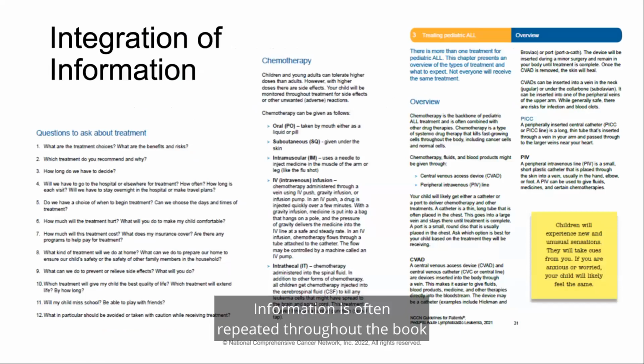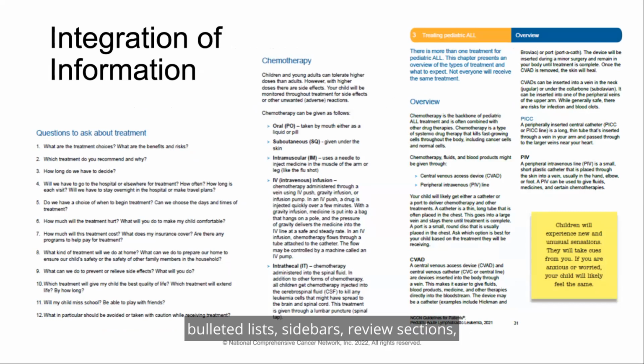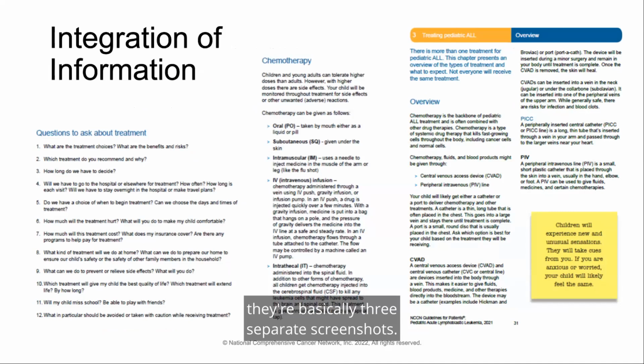Information is often repeated throughout the book and is reinforced with the use of sticky notes, bulleted lists, sidebars, review sections, and questions to ask. So here we have three separate screenshots. The screenshot on the left is the questions to ask that are at the back of every book about treatment.